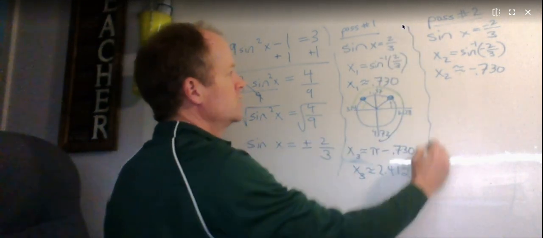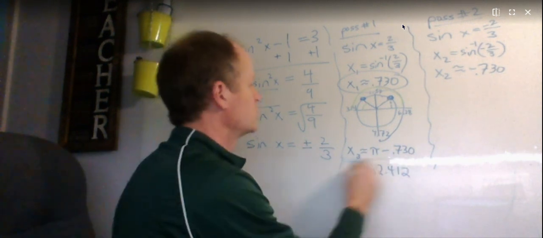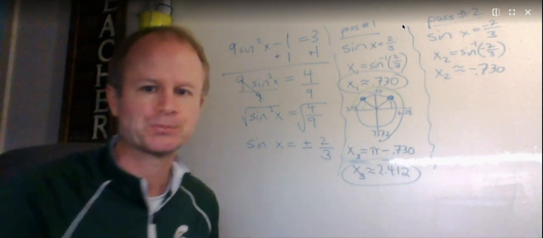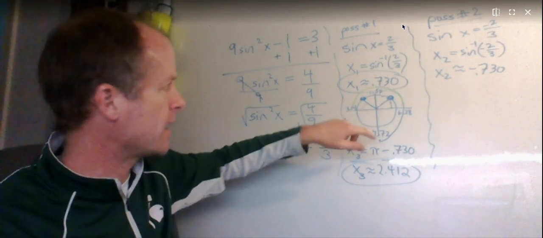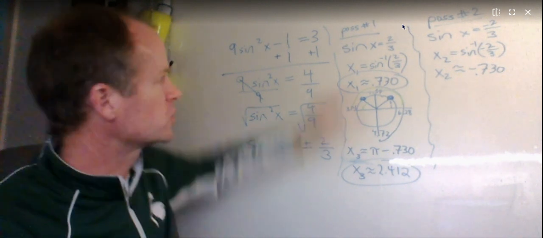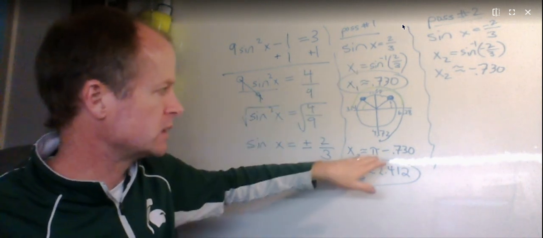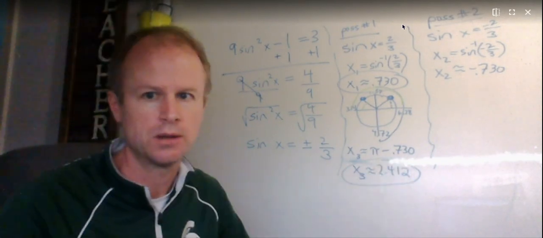Okay, so for possibility 1, we have 0.730 and we have 2.41. And again, those are the two angles that have a y-coordinate of 2/3. So we found the first one by doing sine inverse. The second one we did pi minus the answer we got for that first one.